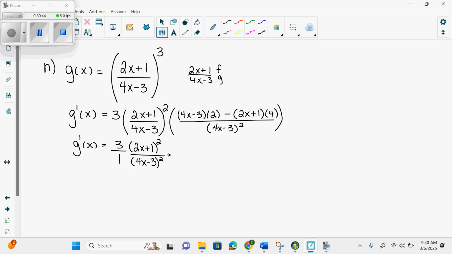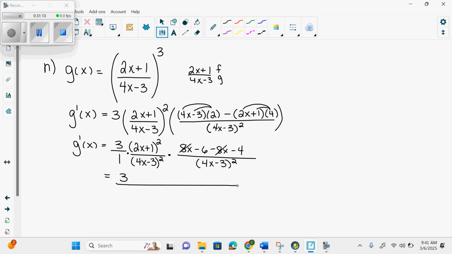So this is multiplied by, I have a 4x minus 3 squared in the denominator here. And in the numerator, I'm going to get 8x minus 6. And then I'm going to get minus 8x, minus 4. Those cancel. And in the numerator, I'm left with 3.